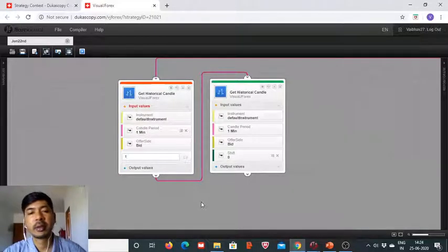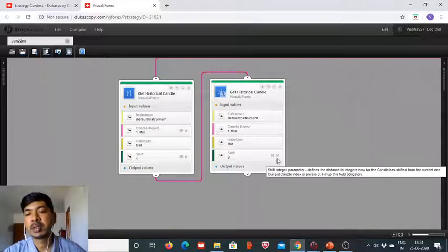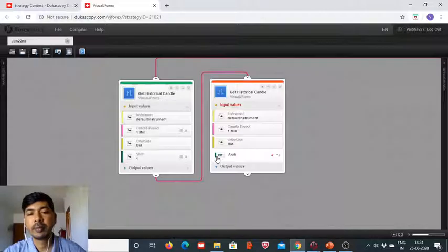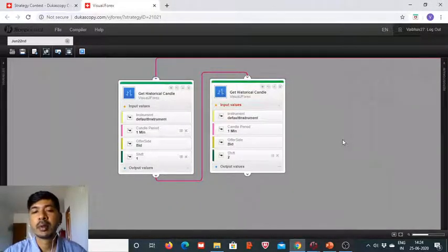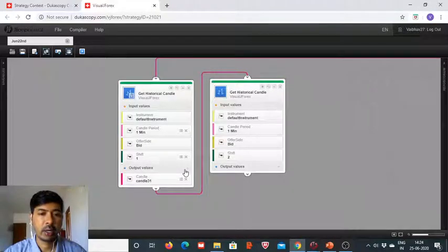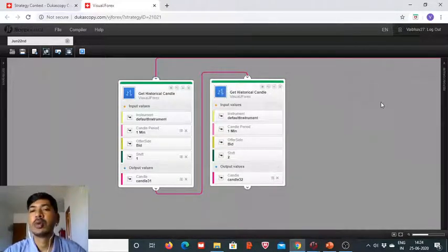So here this has been changed, and this will become 2, and then we get the output values, candle 31 and candle 32.